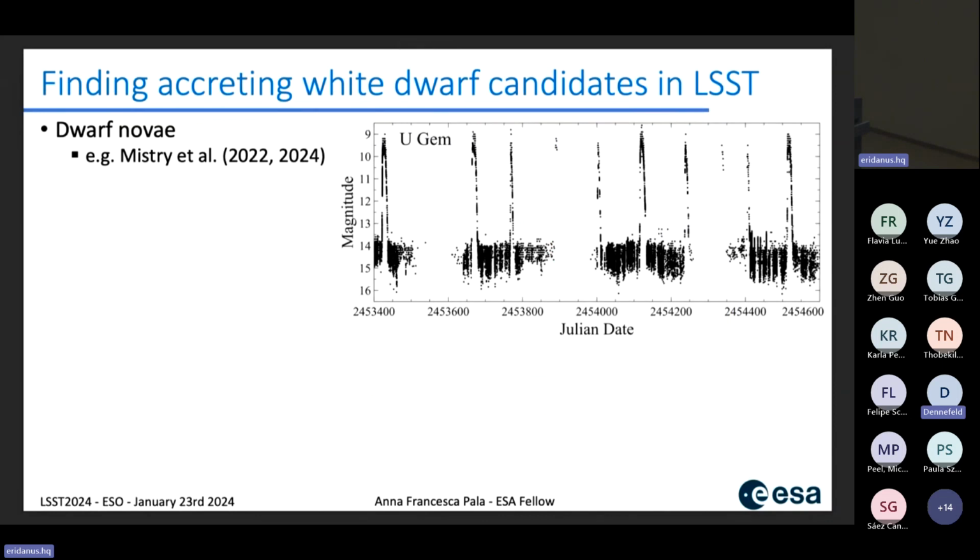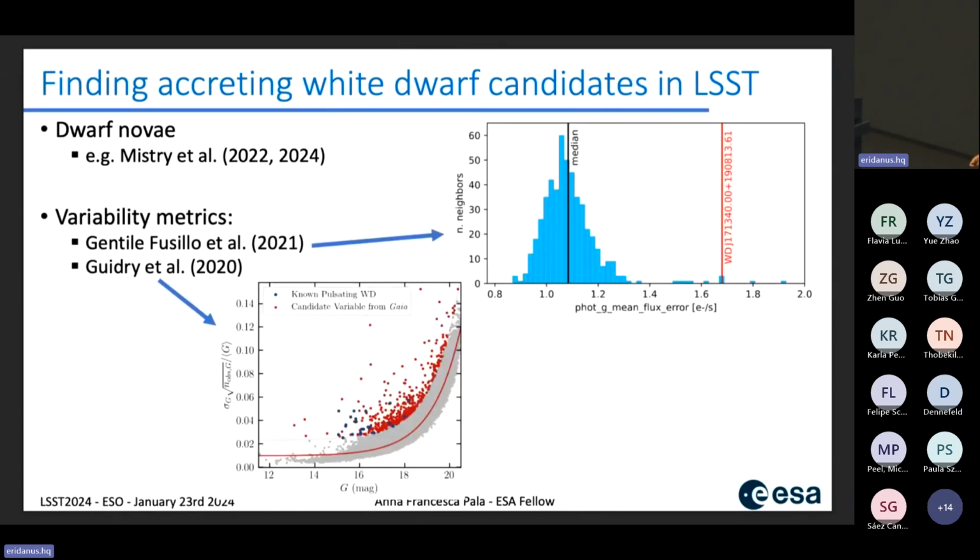Okay, so what's important now is that with LSST we can do that, and we already have all the tools that are necessary to identify accreting white dwarfs in LSST. So we already have different machine learning techniques that have been developed for ZTF and the Gaia alerts that can be applied to the LSST photometry in order to find accreting white dwarfs from the dwarf nova outbursts. We have different variability metrics that have been developed to identify variable white dwarfs.